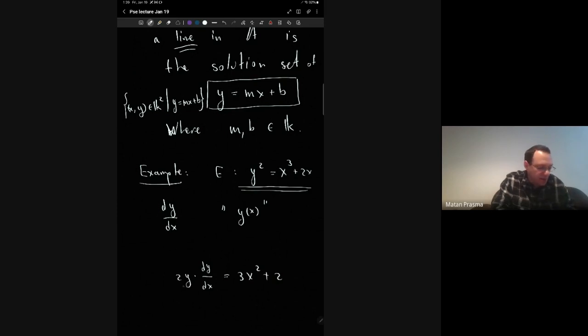And now I can simply divide by 2y and get that dy to dx is 3x squared plus 2 divided by 2y.